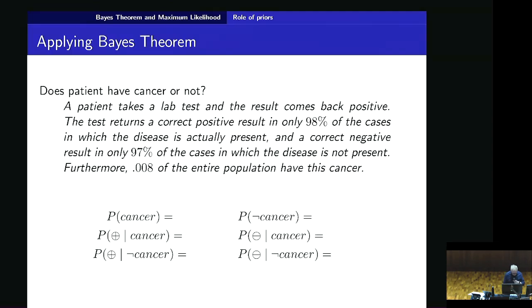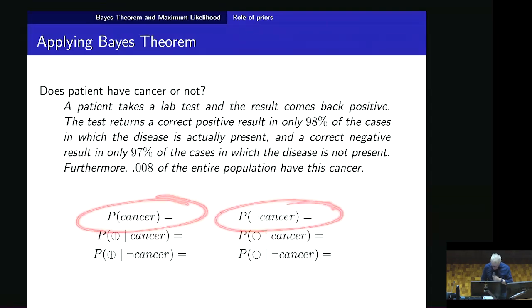There's a bit of data here, the result of a lab test, and there are some priors expressed in terms of the rate of prevalence of the disease that you're testing for in the population. These are written down as probabilities.